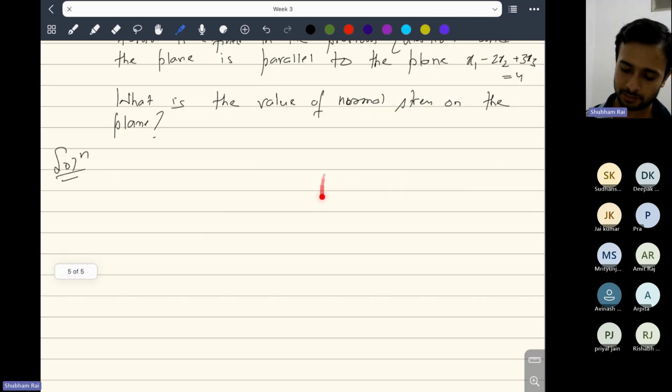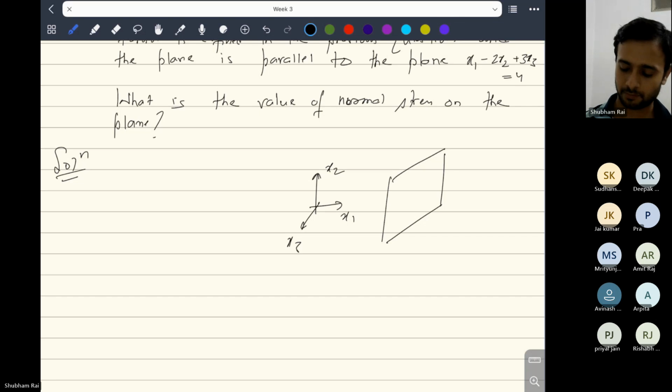So I'll find the normal of a plane. Let's say you have a plane here, and this is your coordinate axis, x2, x, and this plane is there in some space.